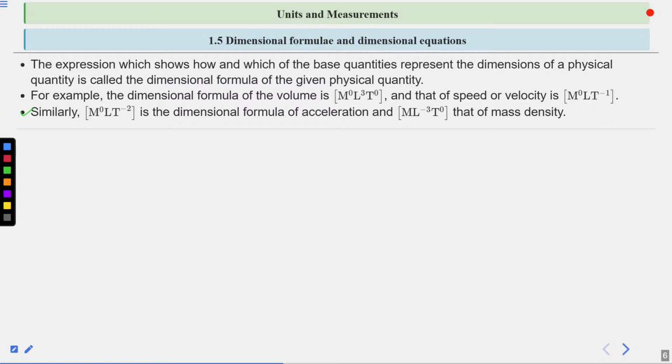Similarly, [M^0 L T^-2] is the dimensional formula of acceleration, and [M L^-3 T^0] is that of mass density. So this one is the dimensional formula of acceleration, and this one is the dimensional formula of the mass density.